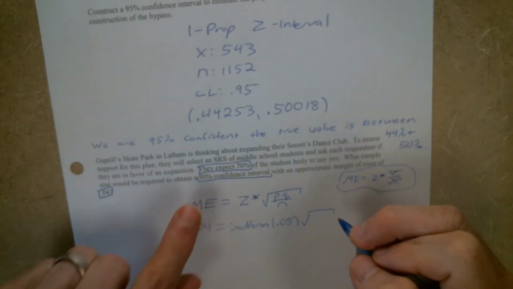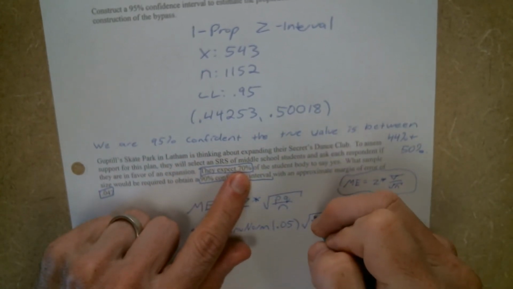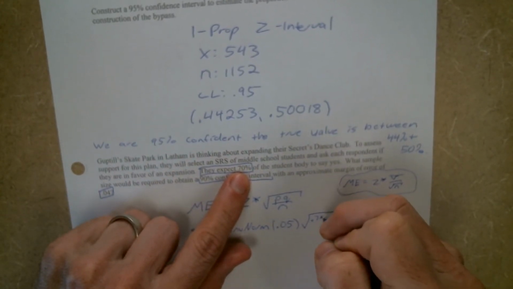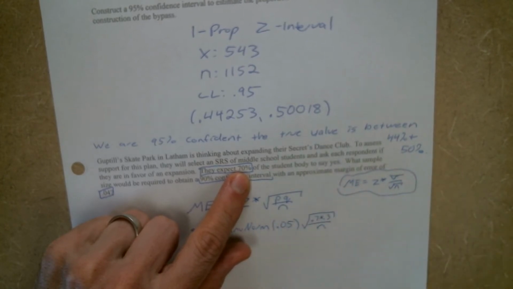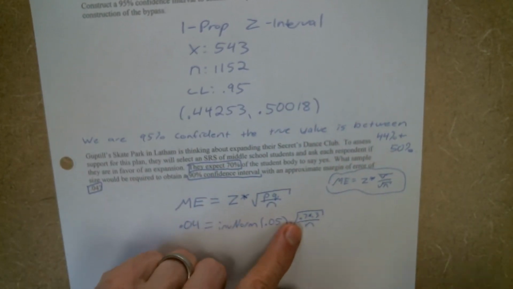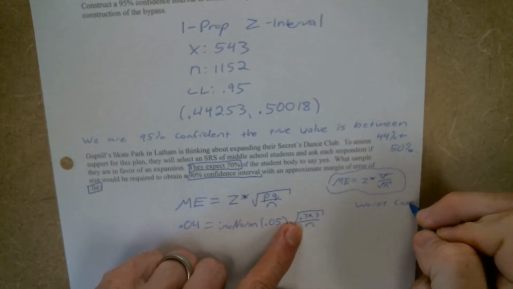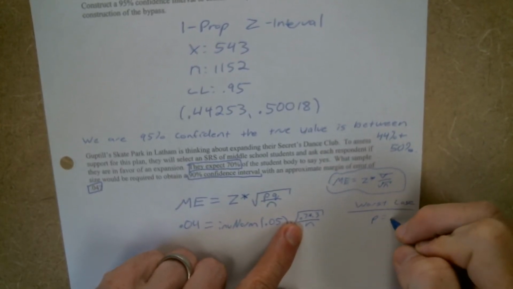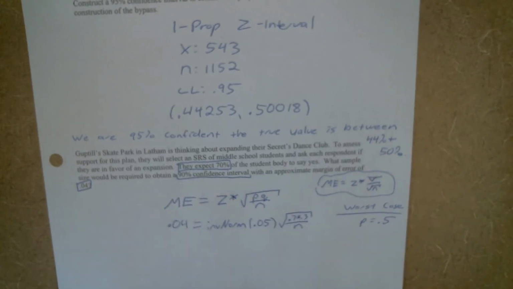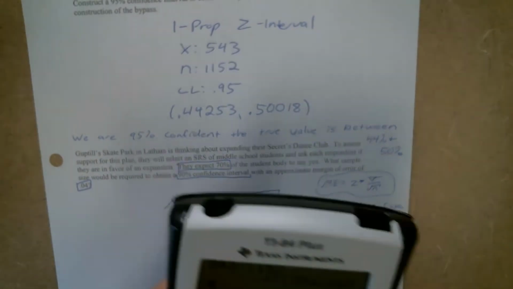And then because this one tells us they expect 70%, we're going to do 0.7, 0.3 over N. When they don't tell you a P and a Q, worst case is that P equals 0.5, right? But in this case, they give us a value, so we're going to use it, and then we just go from there.